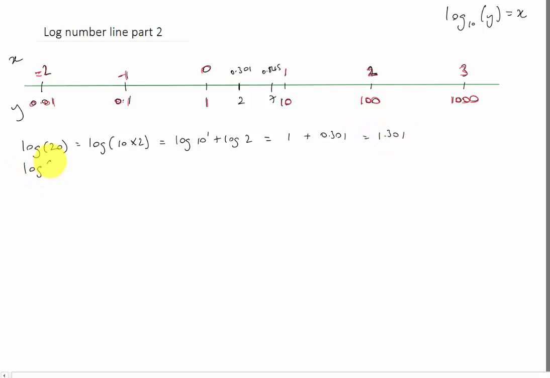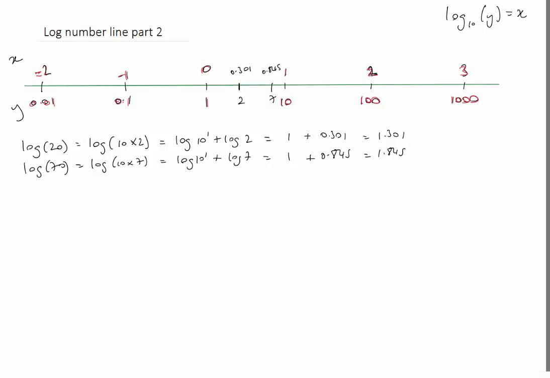And the logarithm of 70 is equal to the logarithm of 10 times 7, which is the logarithm of 10 to the power 1 plus the logarithm of 7. So that's 1 plus 0.845, which is 1.845. Okay, so let's add these on. So here we've got 20, which is 1.301, and 70, which is 1.845.